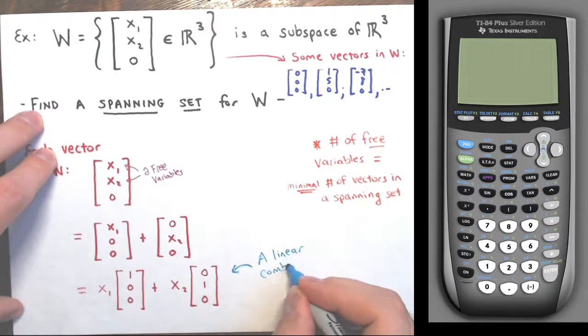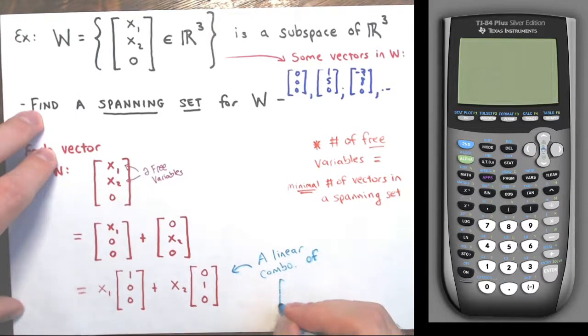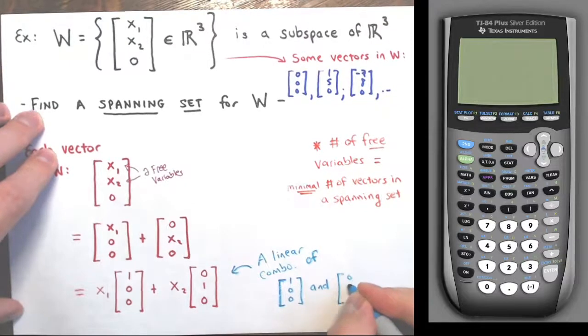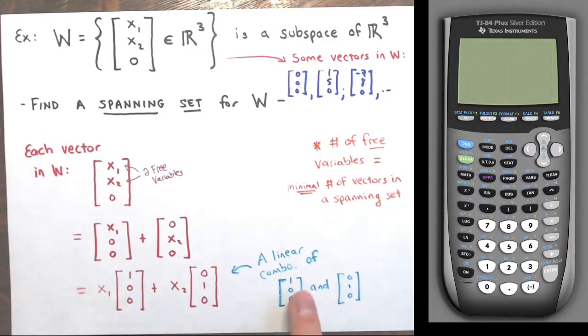So I got a linear combo of 1, 0, 0 and 0, 1, 0. And there we have it. This set with these two vectors in it will be the spanning set for W. And I'll write that on the next page.